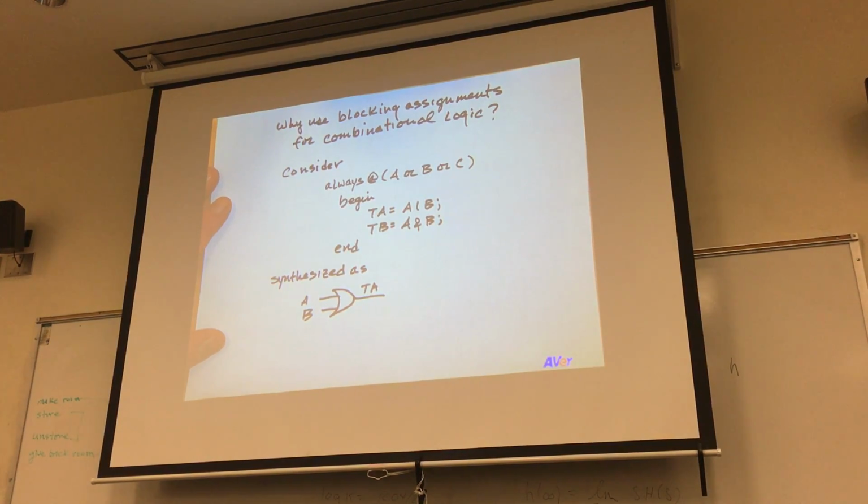And I'm sorry, that should be a C. And that should be a T. So TA is A or B, TB is TA and C. There's TA. There's C, and there's T. Okay, so that synthesized circuit makes sense based on the code that we've written.